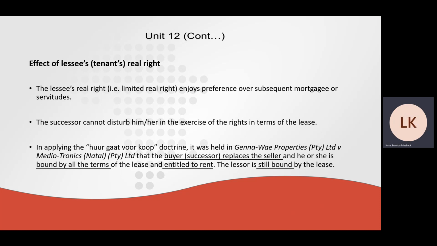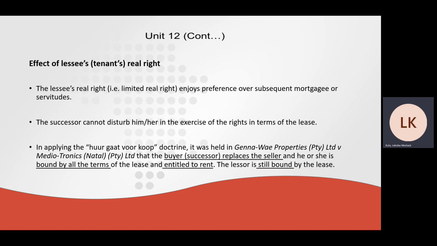Also, with regard to the effect thereof, in applying that doctrine that I talked about, the huur gaat voor koop doctrine, it was held in Genna Properties versus Video that the buyer or the successor replaces the seller, and that particular buyer is bound by the terms of the lease agreement that has been entered into by the seller as well as the lessee.